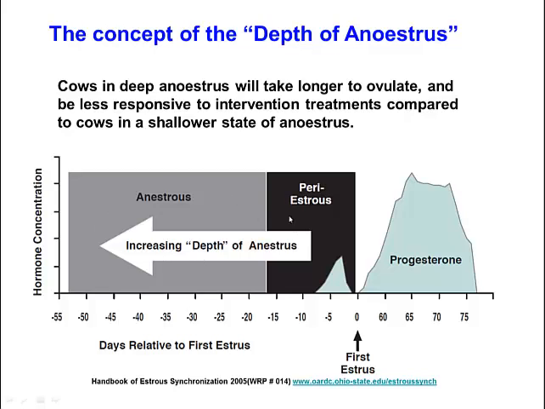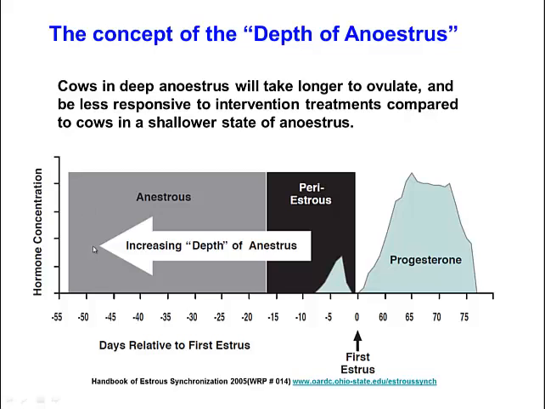And this is just the concept of depth of anestrus. So a cow that has just calved will be deeply anestrus. A cow that has calved but maybe 20, 30, 40 days post-calving still hasn't ovulated possibly won't be as deeply in anestrus. We can apply other things to this. If we have a beef cow that has calves suckling her, then she may be quite deeply in anestrus.